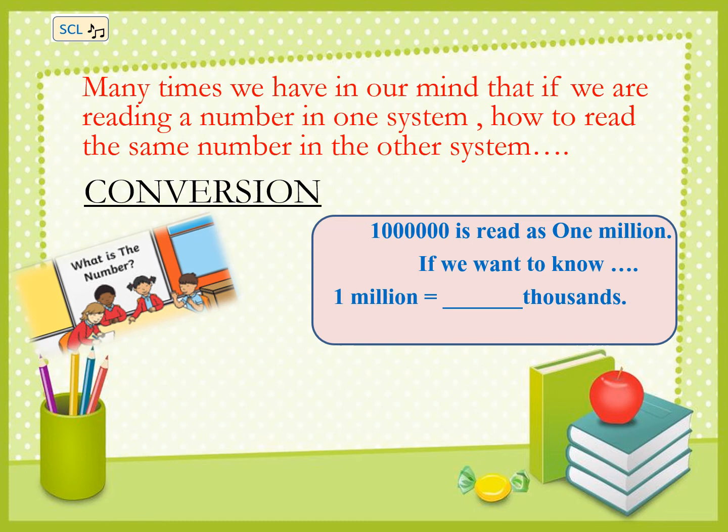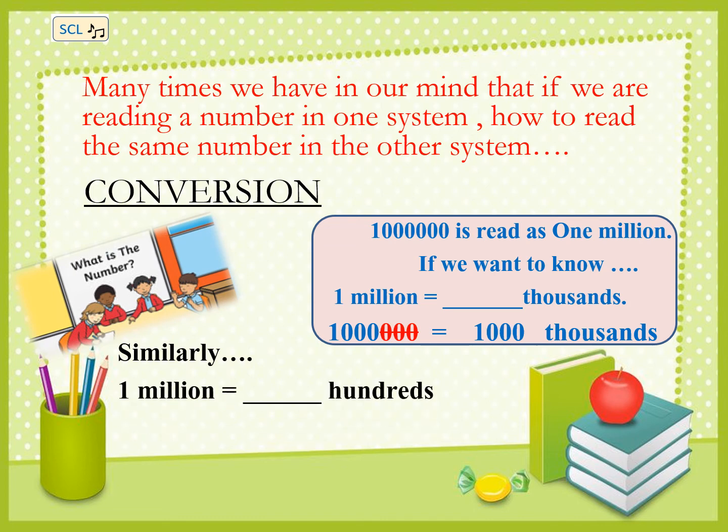We will write the number, 1 million, that is 1 with 6 zeros, and thousands have 3 zeros. So in 1 million, from the right we will cut 3 zeros, and whatever number is left, that is 1000, those many thousands are there in 1 million.